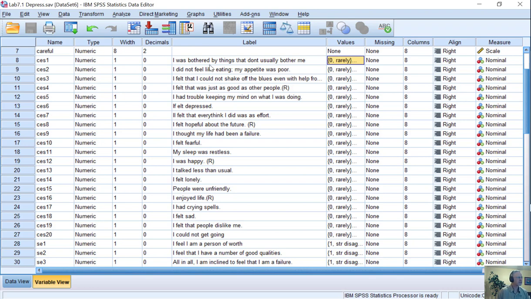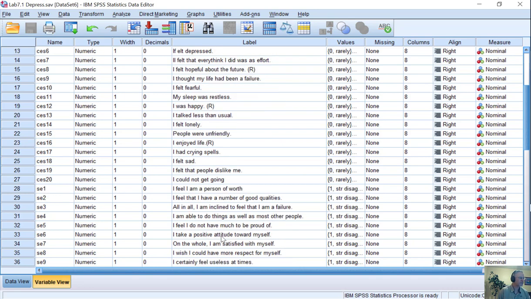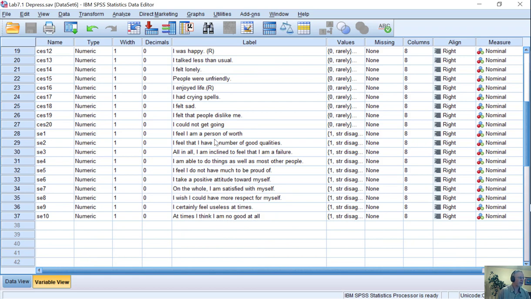What we're going to be looking at is the correlation here between depression and self-esteem. And self-esteem, there's 10 items here, and 5 of those items are written in the direction of low self-esteem, and 5 of the items are written in the direction of high self-esteem.